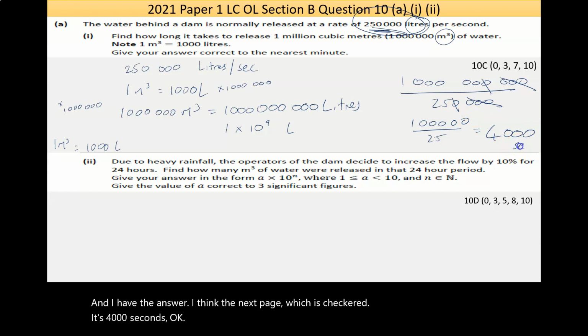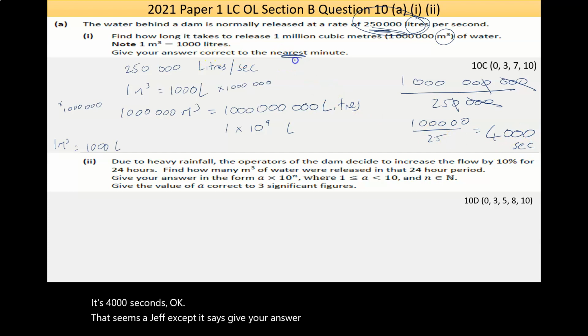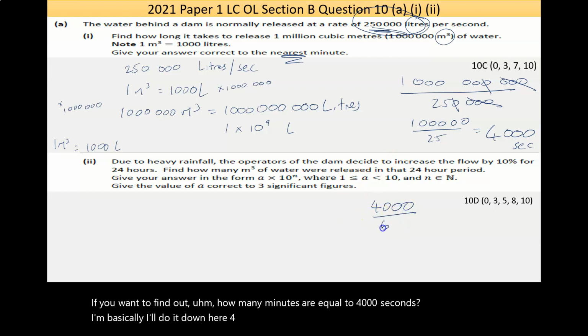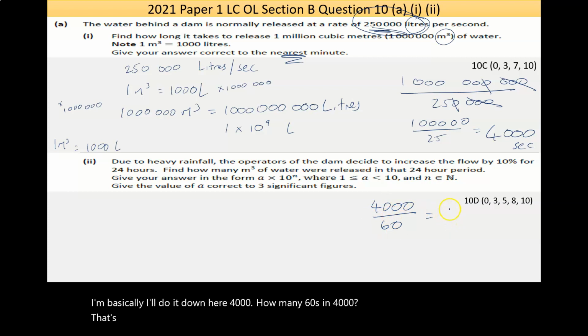Now, that seems legit, except it says give your answer correct to the nearest minute. Now, if you want to find out how many minutes are equal to 4,000 seconds, I'll do it down here, 4,000, how many 60s in 4,000? Now, that's a calculation that gives me an answer of 66.67.